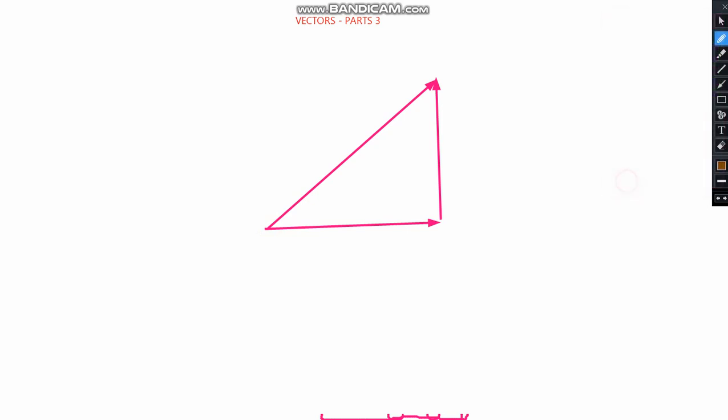They may have given the angle 53 degrees, and they would have given 5, which is the magnitude. They may ask us to convert it into the component form. That's also resolving.